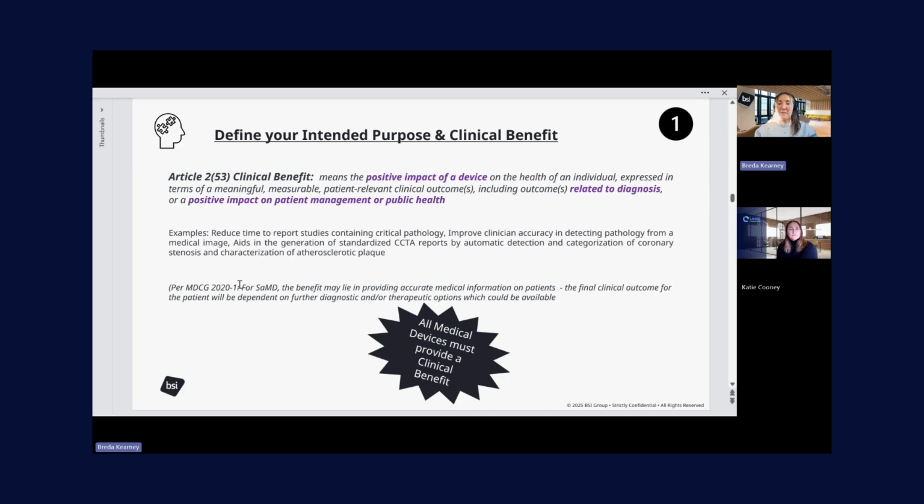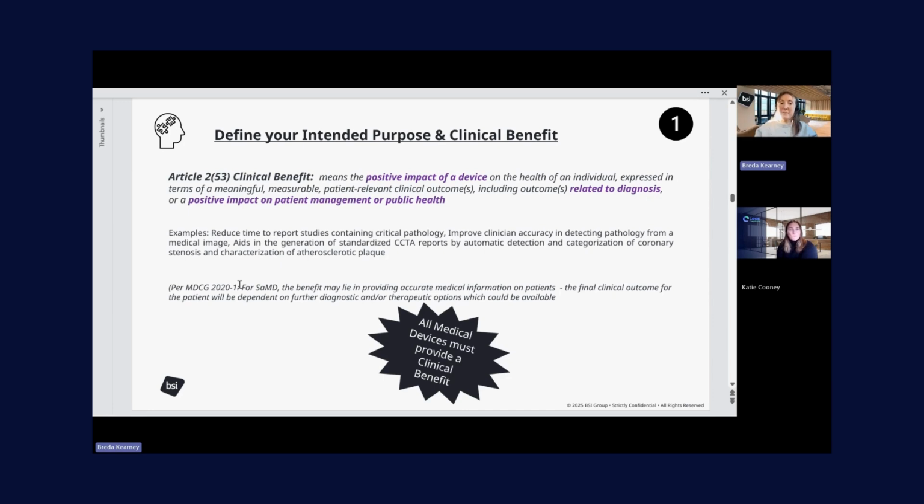Again, that's all a bit of a mouthful. The important thing here is that it has to be patient-relevant clinical outcomes. And this is where the problem can be with software as a medical device. Because generally, the clinical benefit from software as a medical device comes from providing information, which is then used to inform clinical decision making.